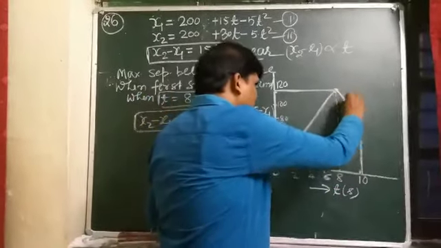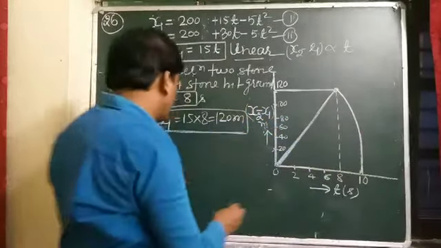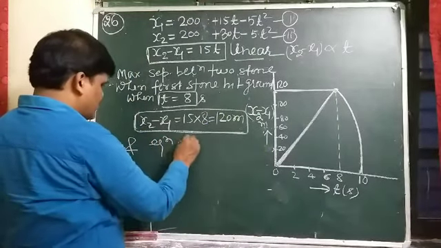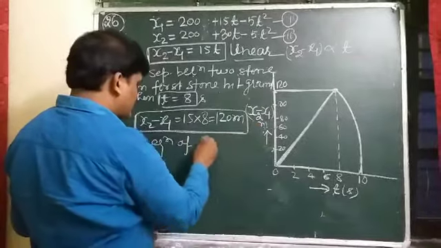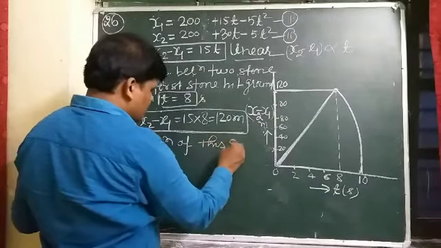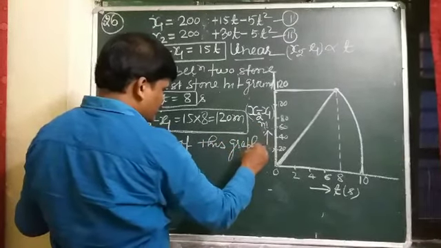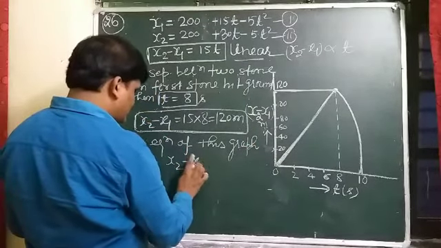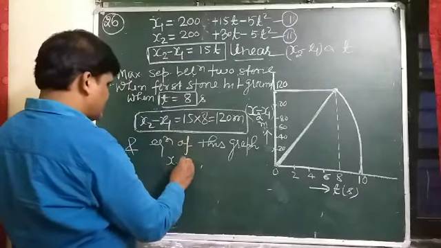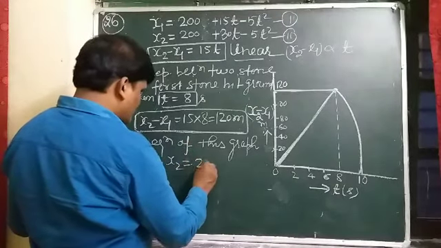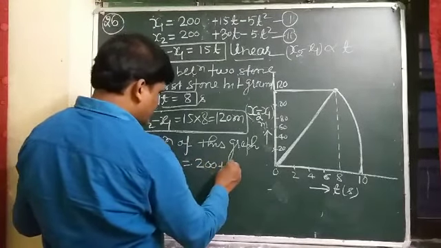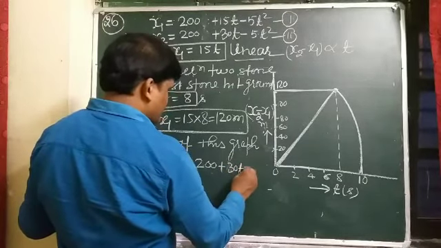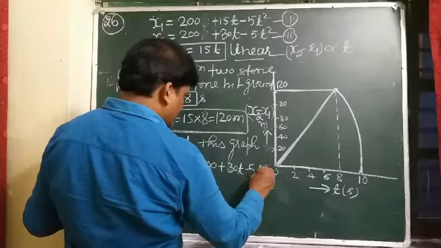With this graph, the equation for this graph, that is second stone, x2 equal to 200 plus 30t minus 5t square.